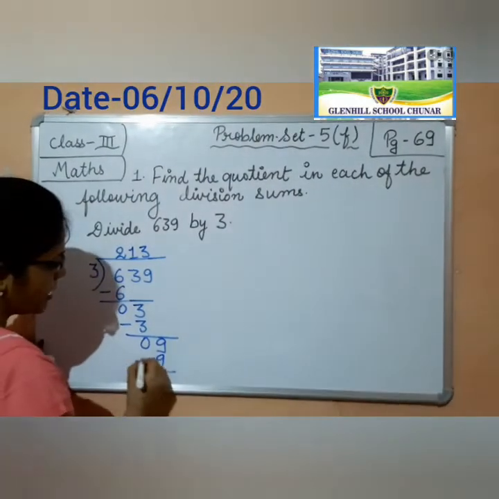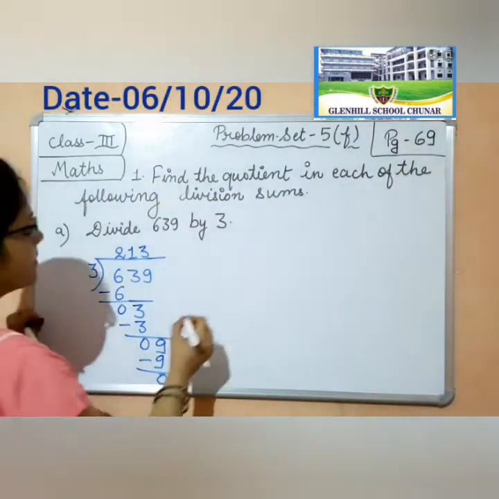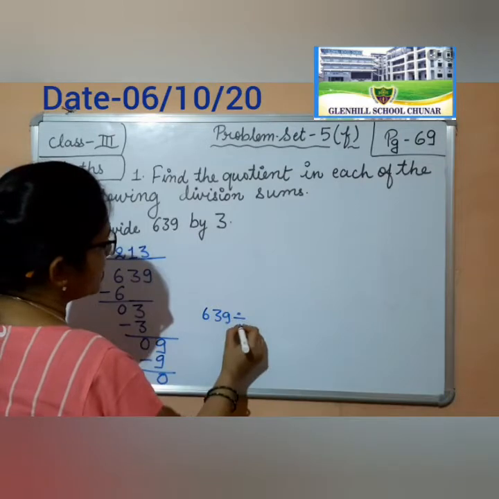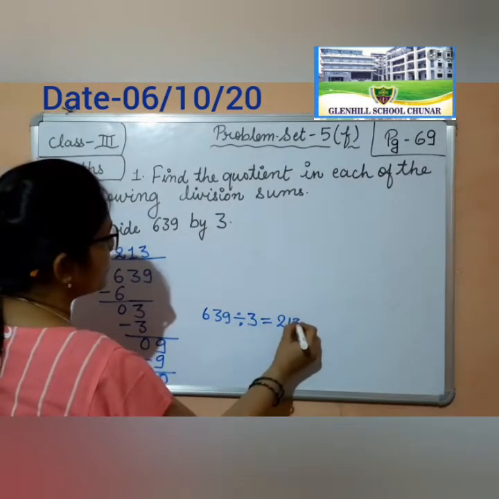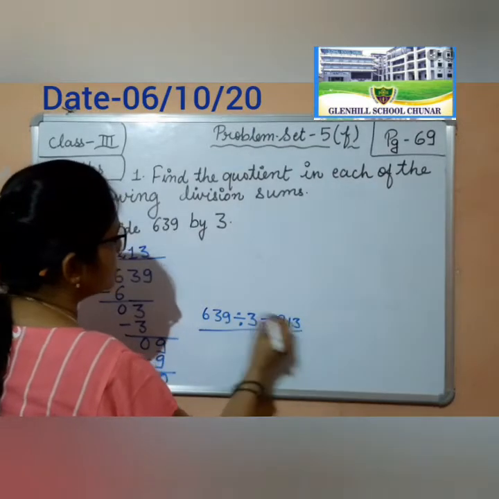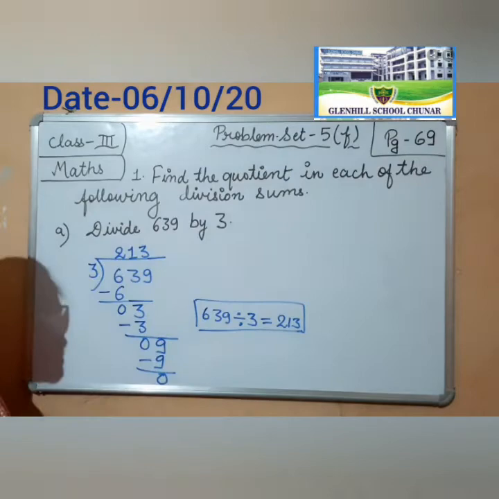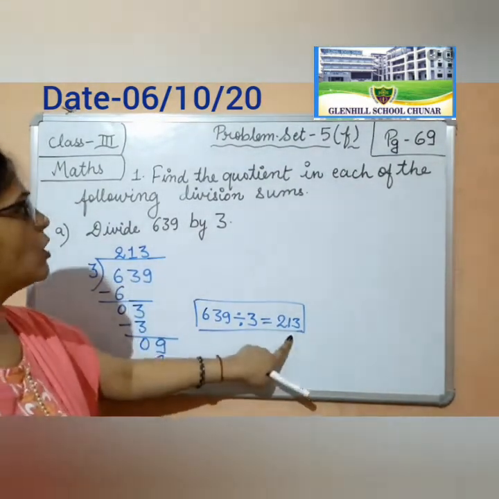Okay, again I have done the minus. Okay, so what comes? 639 divided by 3 is equals to 213. Okay, 213 is your quotient.